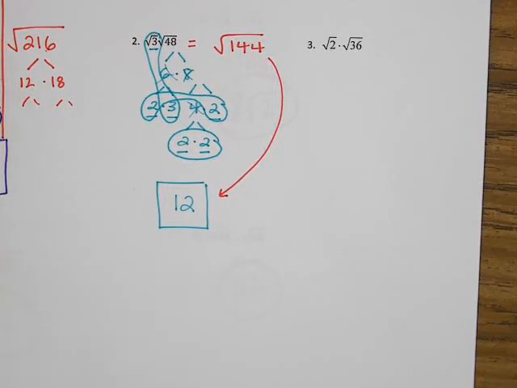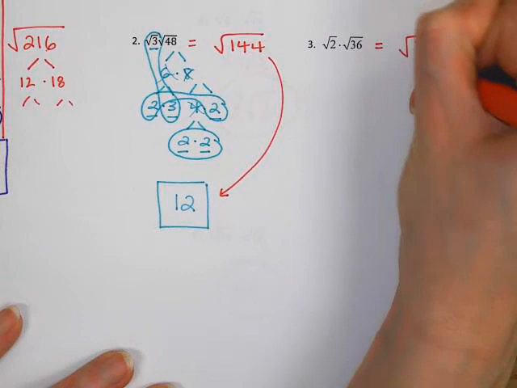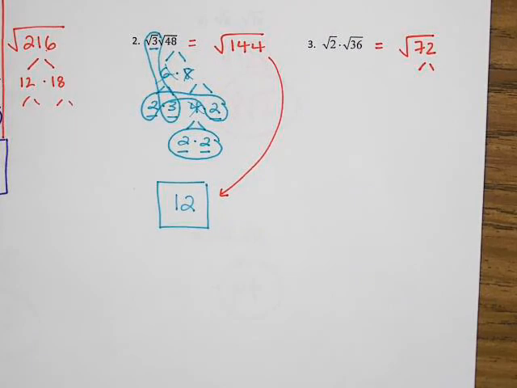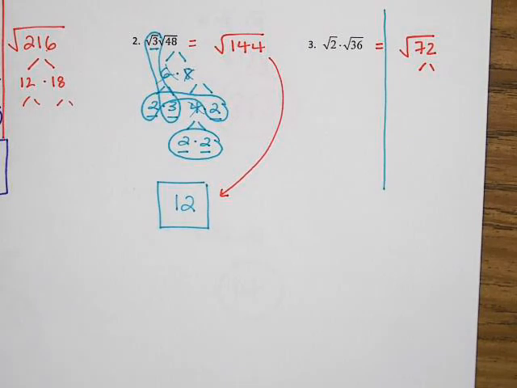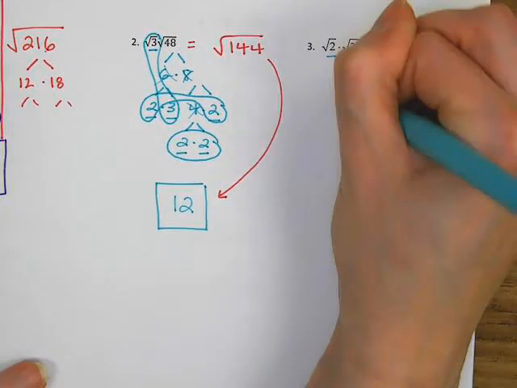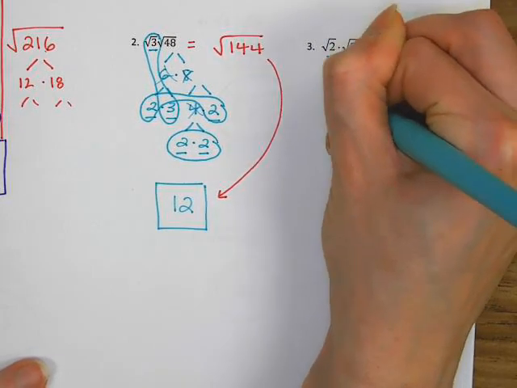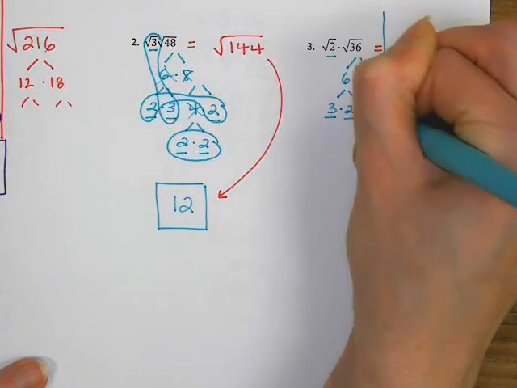Okay, number 2. You could either multiply first and say that this is really square root of 72 and make your tree, or we could build off of what we already have. So the square root of 2 is 2. 36 is 6 times 6. 6 is 3 times 2. And 6 is 3 times 2.